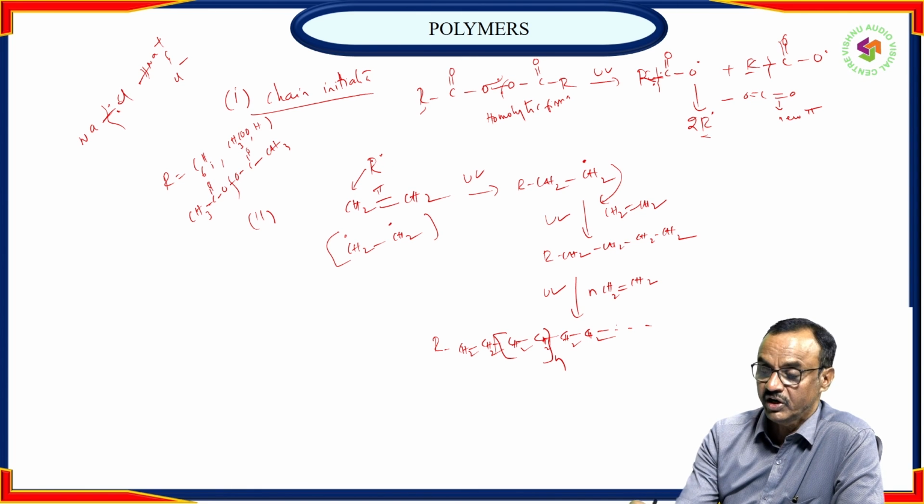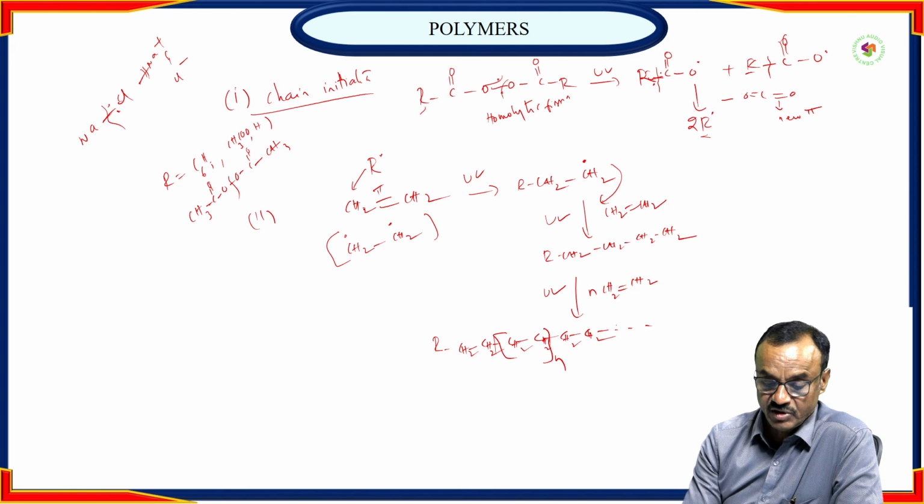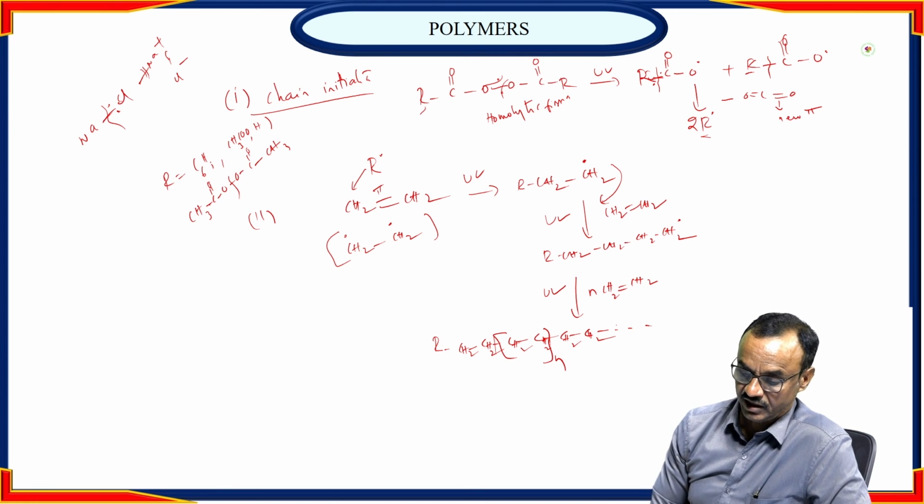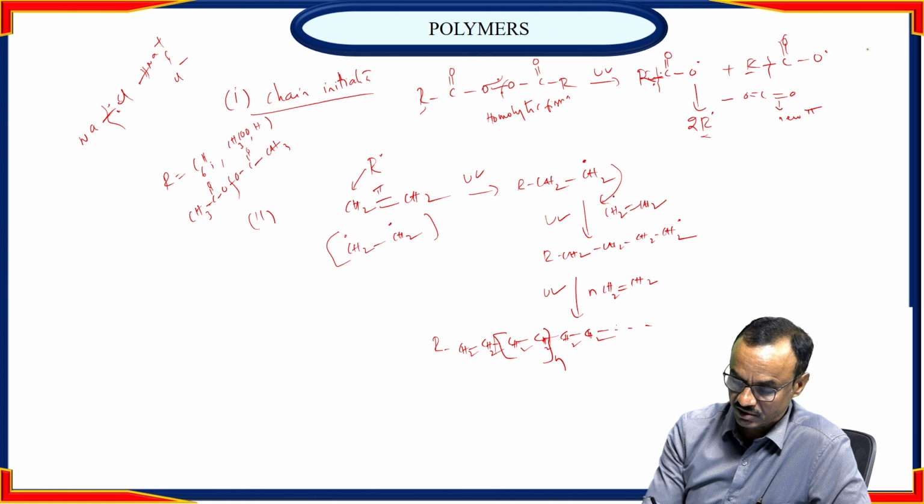Here the reactants are one monomer and another free radical. In chain initiation, you will get only free radicals. In chain propagation, combination takes place between a free radical and a monomer, a lengthy free radical. This attaches with this carbon. So you will get this. Out of the pi bond, one electron is involved in linking with this.